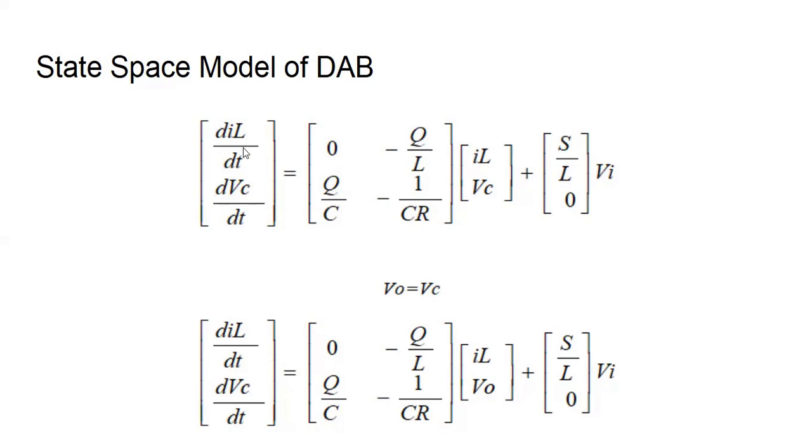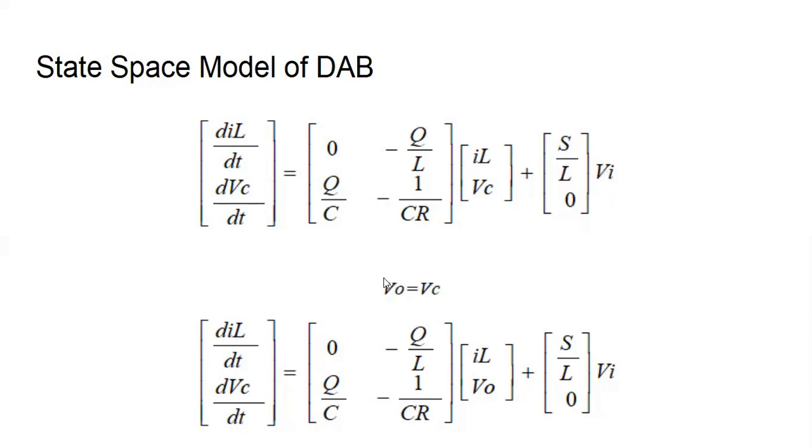So the state space model written in matrix form is dIL by dt, dVC by dt equal to the A matrix, which consists of 0, minus Q by L, Q by C, minus 1 by CR, into the state vector IL and VC, plus the B vector, which is S by L, 0, into Vi.